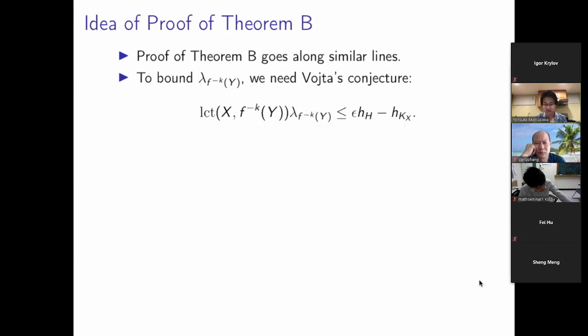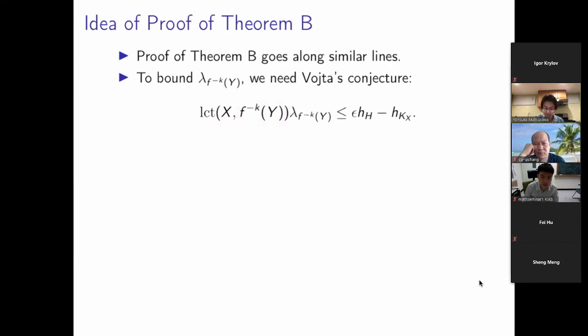The usual Vojta's conjecture involves a simple normal crossing divisor on some variety, but we can actually show a singular version that involves the log canonical threshold of the pair X and this subvariety. So this is the log canonical threshold of X, and strictly speaking, the ideal sheaf of the subvariety.